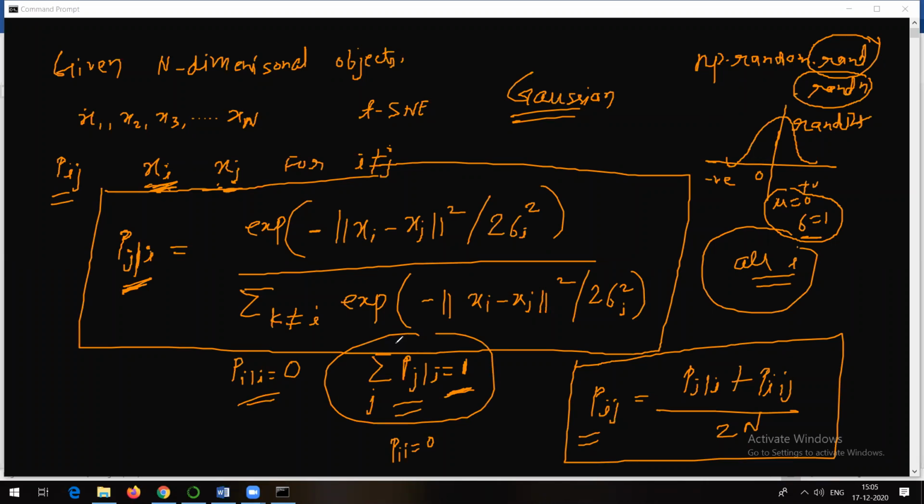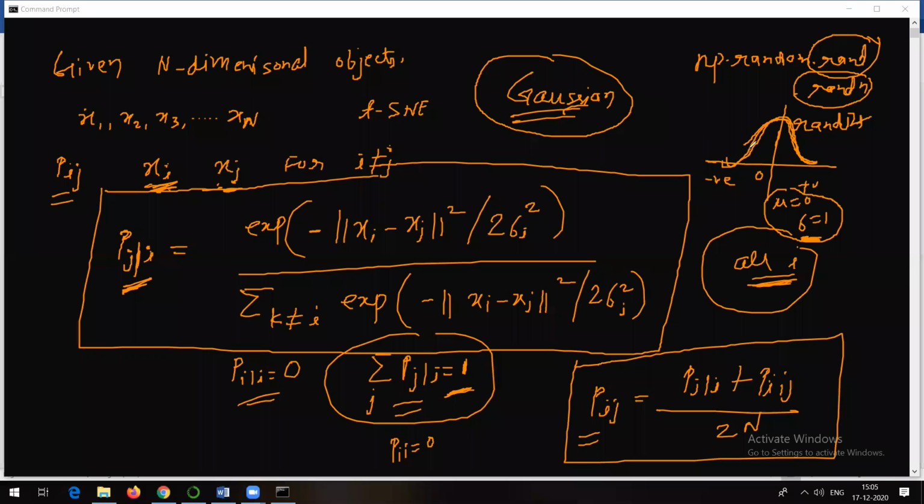So the bandwidth of Gaussian kernels, that is sigma, right, this Gaussian distribution sigma is set in such a way that the perplexity of the conditional distribution equals a predefined perplexity using the bisection method. In simple words, you should have your data in normalized form, distributed with the help of Gaussian distribution.